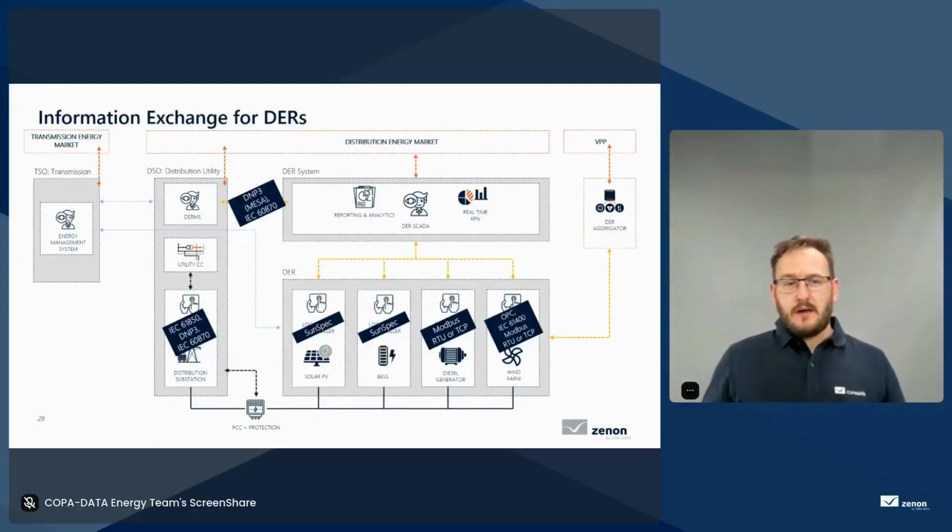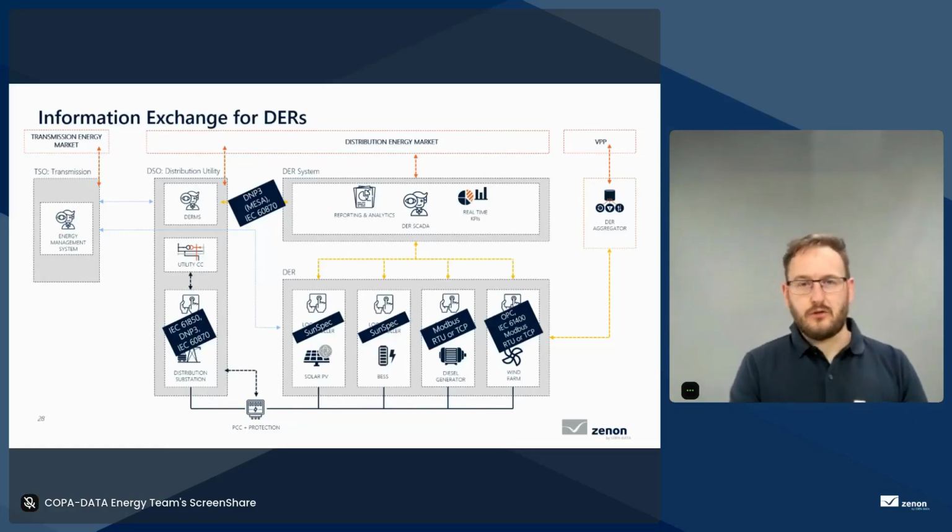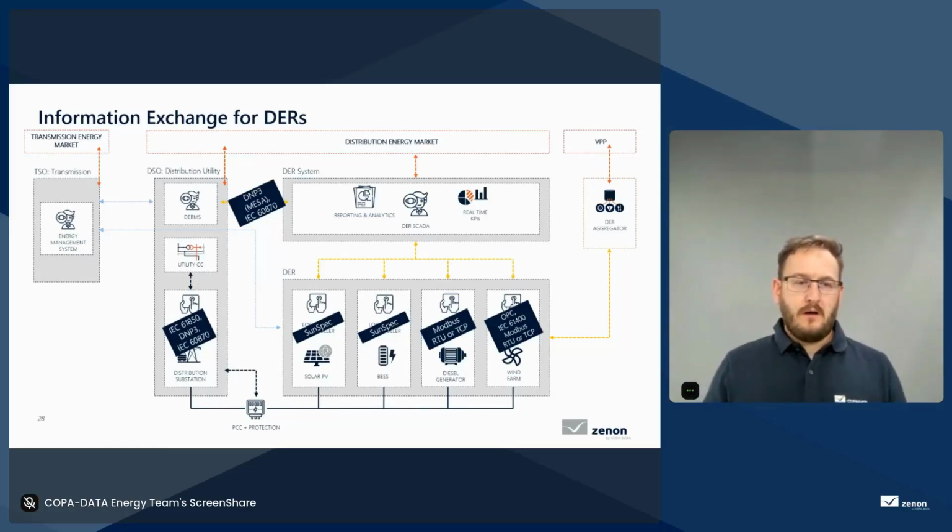And if the DSO implements a distributed energy resource management system, or DERMS, then our DER system could also pass on the relevant data to a DERMS platform. And here we start to see almost a sister protocol to SunSpec, DNP3 MESA or MESA.